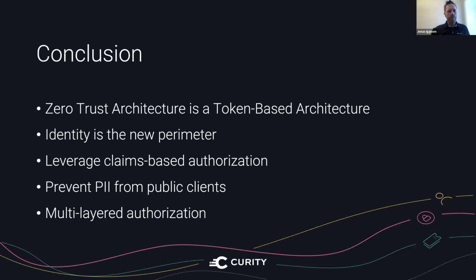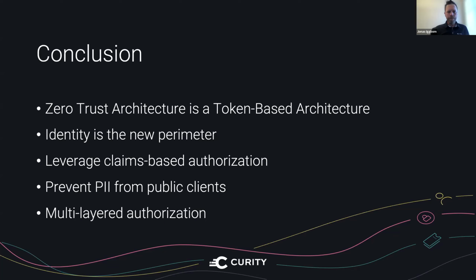We can leverage claims-based authorization to provide finer grained authorization throughout the architecture. We want to prevent PII information in public clients as much as we can. Sometimes it's not possible, but this is where the phantom token pattern comes in. There are other patterns, for example a split token pattern, that can be leveraged there as well.